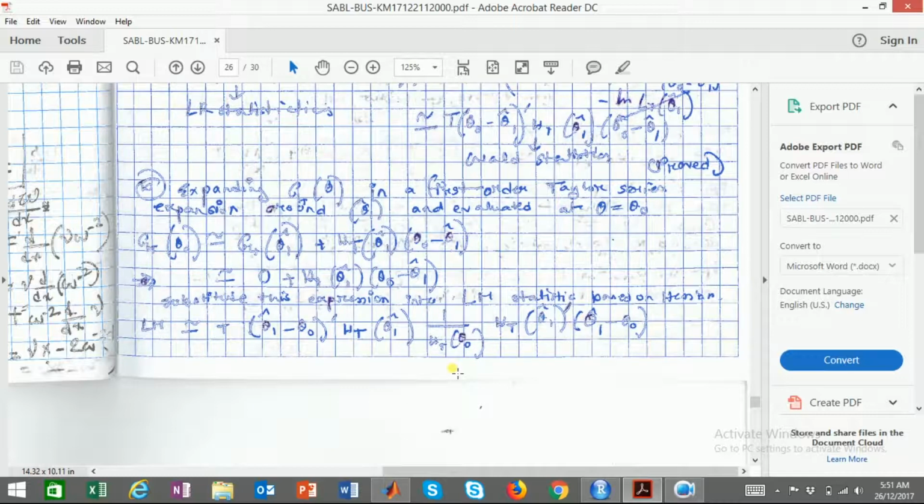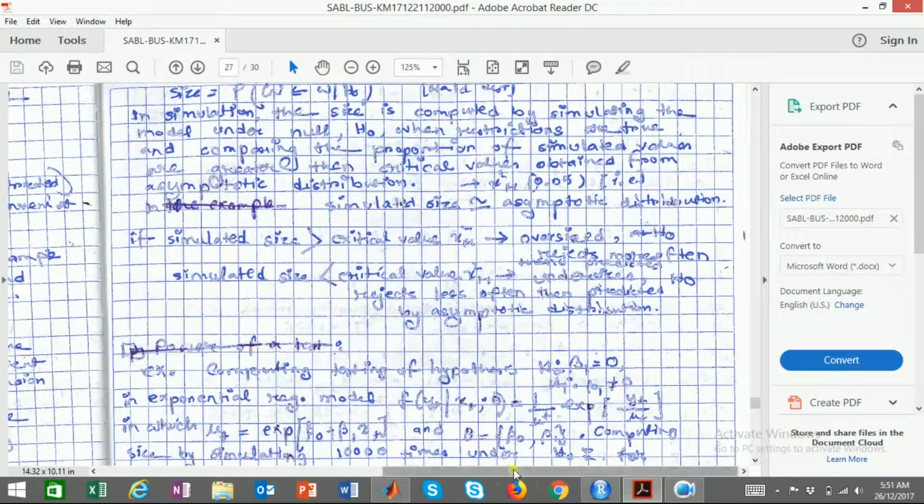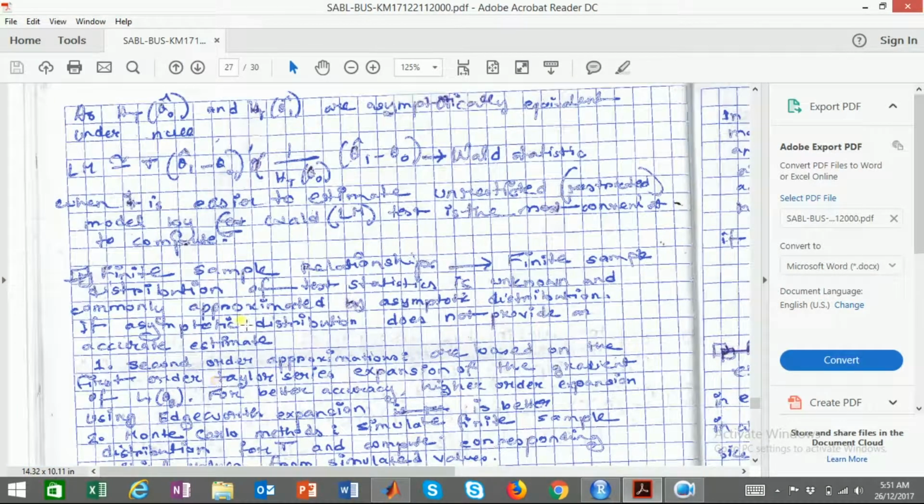As we move down, both restricted and unrestricted Hessian parameters are asymptotically equivalent under the null. No matter what we use in terms of asymptotic distribution, they converge. Even the Lagrangian multiplier converges towards the chi-squared statistic.